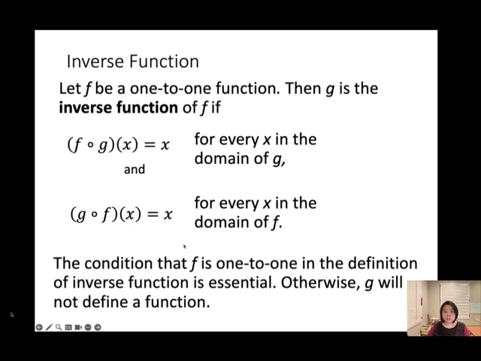And then the condition that f is one-to-one in the definition of inverse function is essential. So before we find the inverse function, make sure the function f is a one-to-one function, then we can find the inverse function. Okay, if f is not a one-to-one function, then g will not define a function.